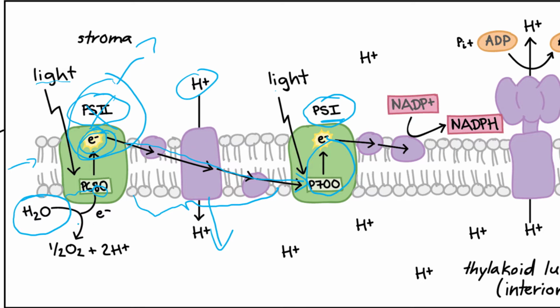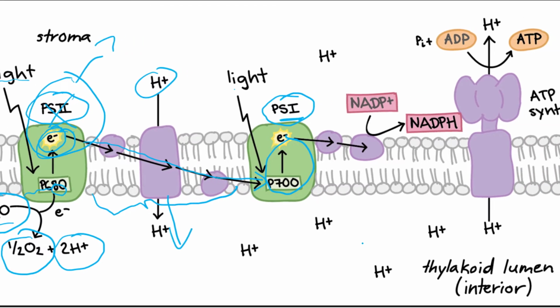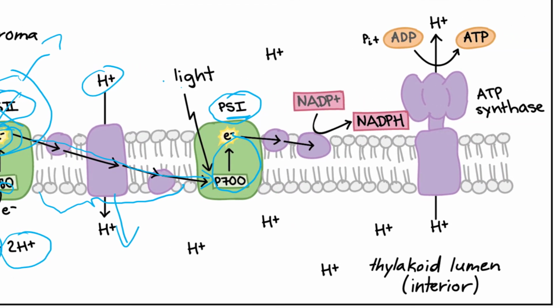So we're going to split the water, and once we split the water, we get hydrogen ions, which we're going to use to pump around and do various things. But you notice we also get O2. So you probably know that plants release oxygen, and that's where they do it. It's that photosystem 2.